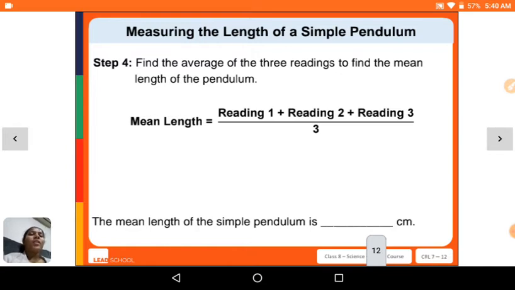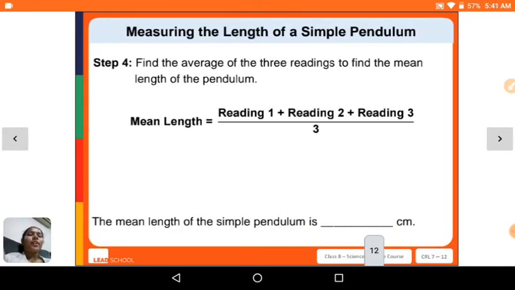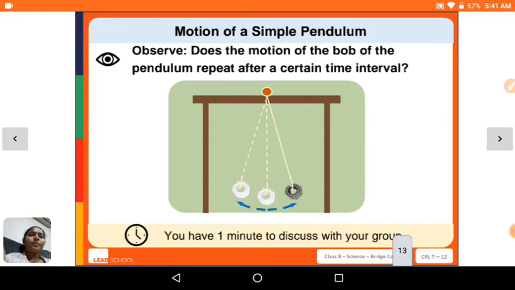So mean length is equal to reading 1 plus reading 2 plus reading 3, divided by 3, since there are 3 readings. If 4 readings are given, reading 1 plus reading 2 plus reading 3 plus reading 4, then we divide it by 4, right?